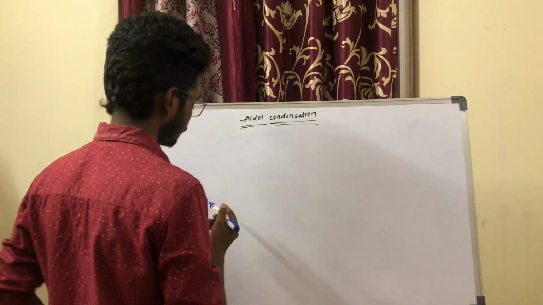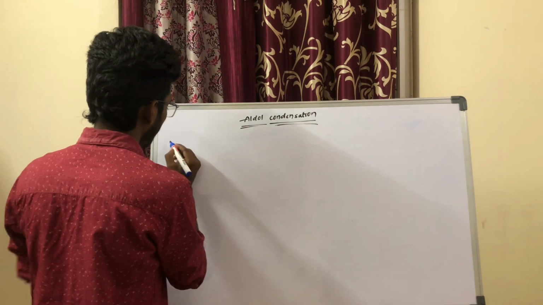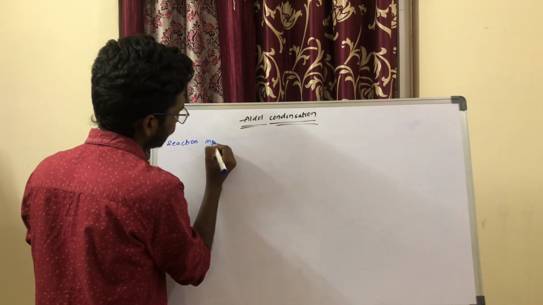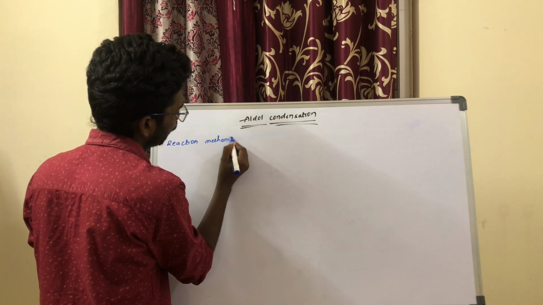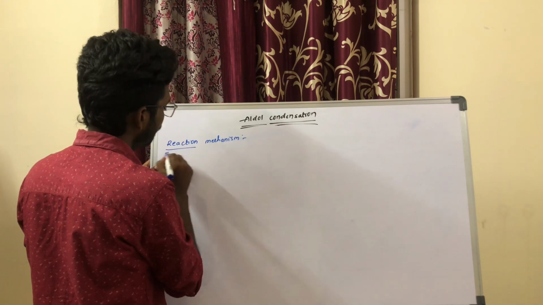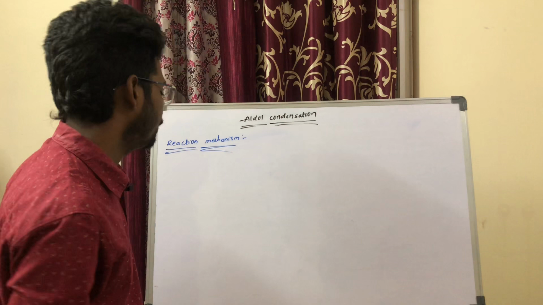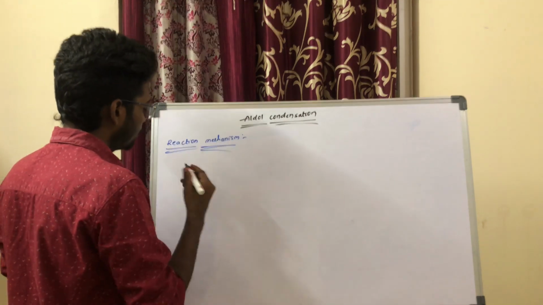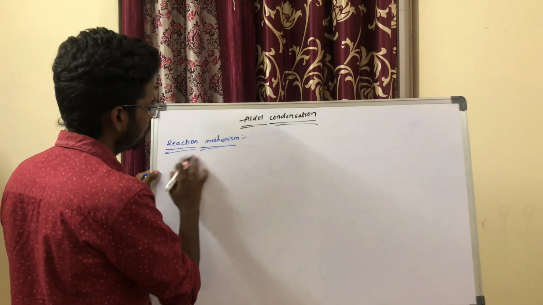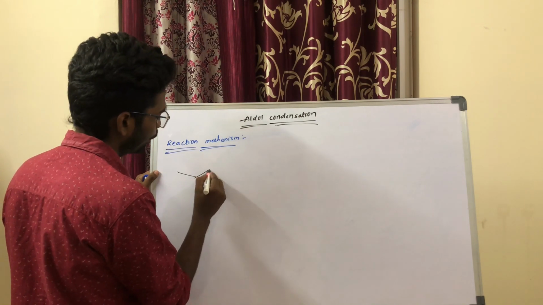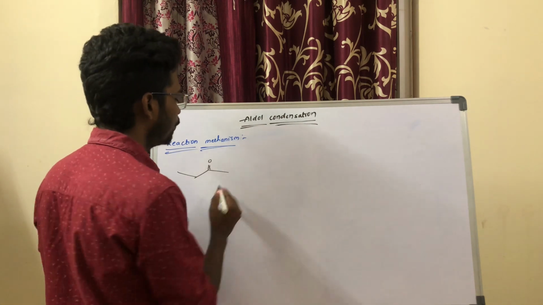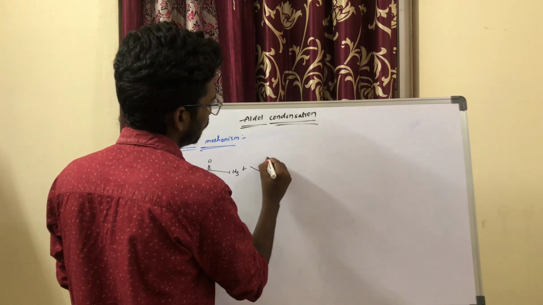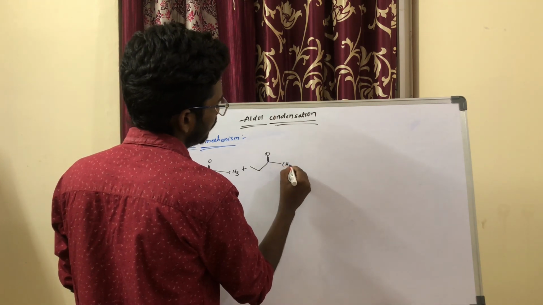See here, the reaction mechanism. Okay, in this reaction mechanism, I will write with this marker. Initially I am going to take one alpha hydrogen containing compound, and the same compound, CH3.